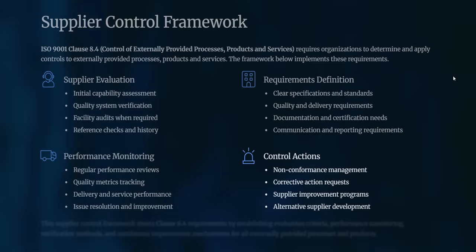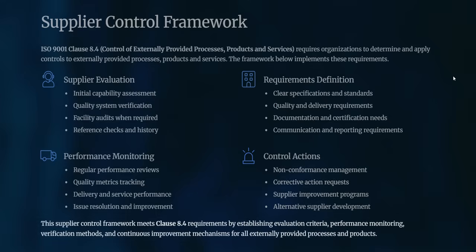Those are control actions in our supplier control framework. Now, this supplier control framework meets Clause 8.4 requirements by establishing evaluation criteria, performance monitoring, verification methods, and continuous improvement mechanisms for all external provided processes and products.